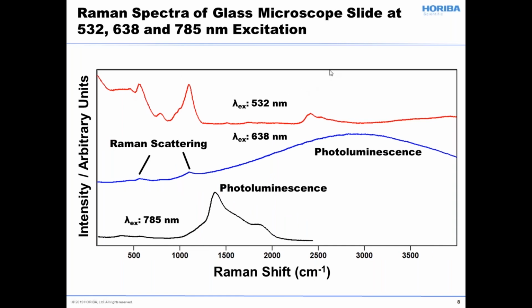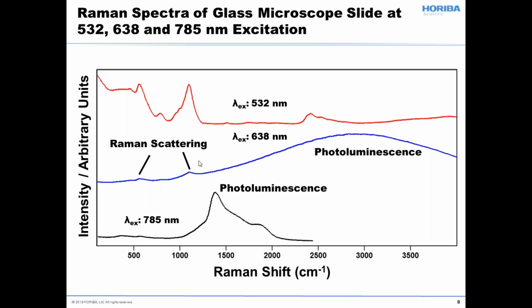But here is an example of the problem of photoluminescence, and also sort of a tip for those of you who may already be doing Raman spectroscopy, and in particular are working doing micro Raman with transparent materials. I'll explain in a moment why that's important. So here are Raman spectra of a glass microscope slide excited at 532, 638, and 785 nanometer excitation.